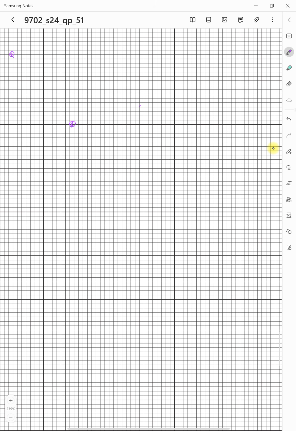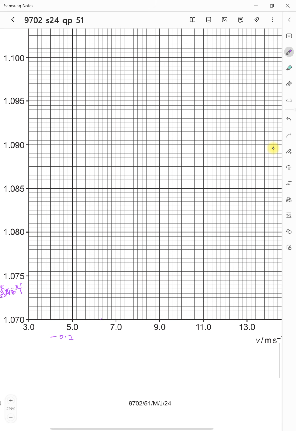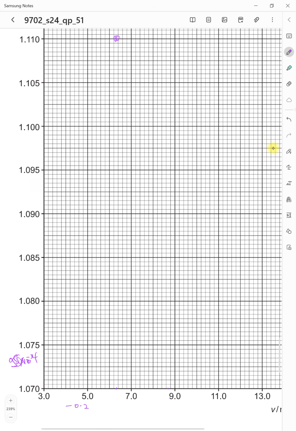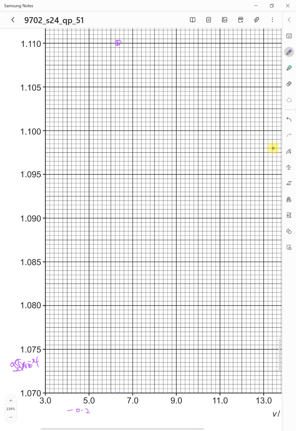Okay. The next point is 8.7. 8.7 is in the middle of the box. 8.7 is plotted against 1.101. So how many boxes will I add to get 1.101?